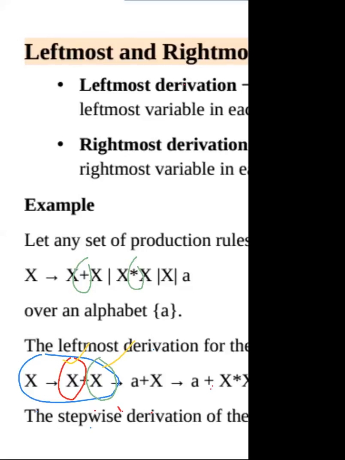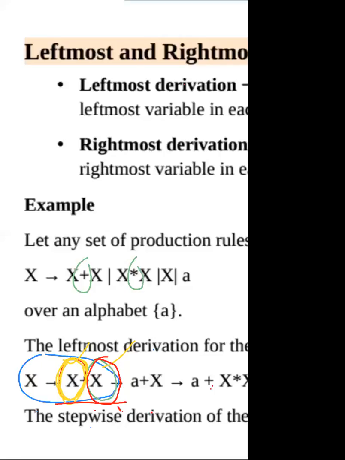If we replace the first X on the right hand side, which I have marked in yellow, then it will be leftmost derivation. Leftmost means the leftmost non-terminal on the right hand side. If we replace the second, the rightmost non-terminal on the right hand side, then it will be rightmost derivation.